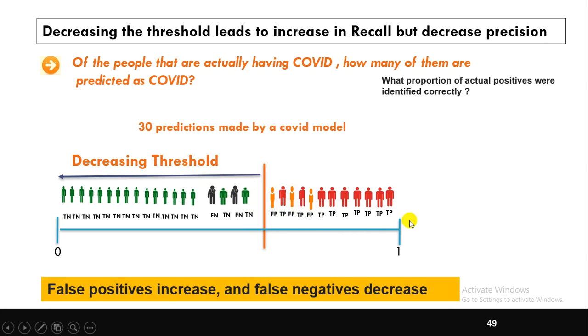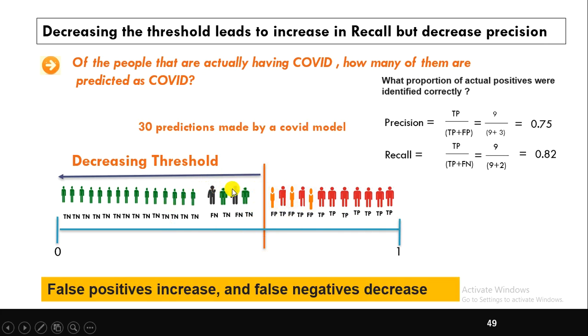So what will happen is even the good people, the healthy people, could also fall on the right side, just because I dragged this to the left side. So even the good people, that means the false positive, can increase in this case, and false negative will decrease because the unhealthy people get moved to the right side.